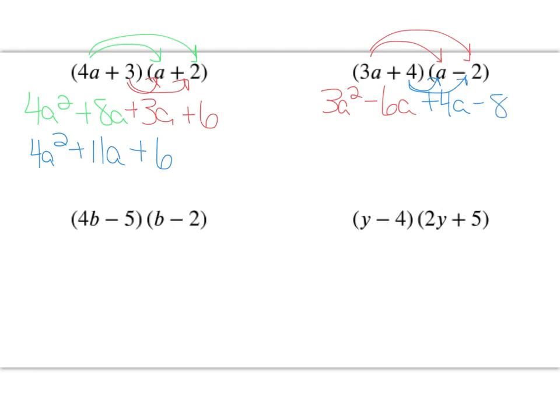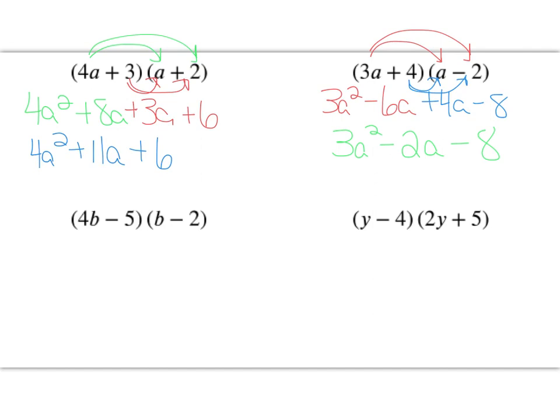So I have two terms that combine again. I have 3a squared, then negative 6a plus 4a is negative 2a, minus 8. I multiplied the two binomials. I got a trinomial.